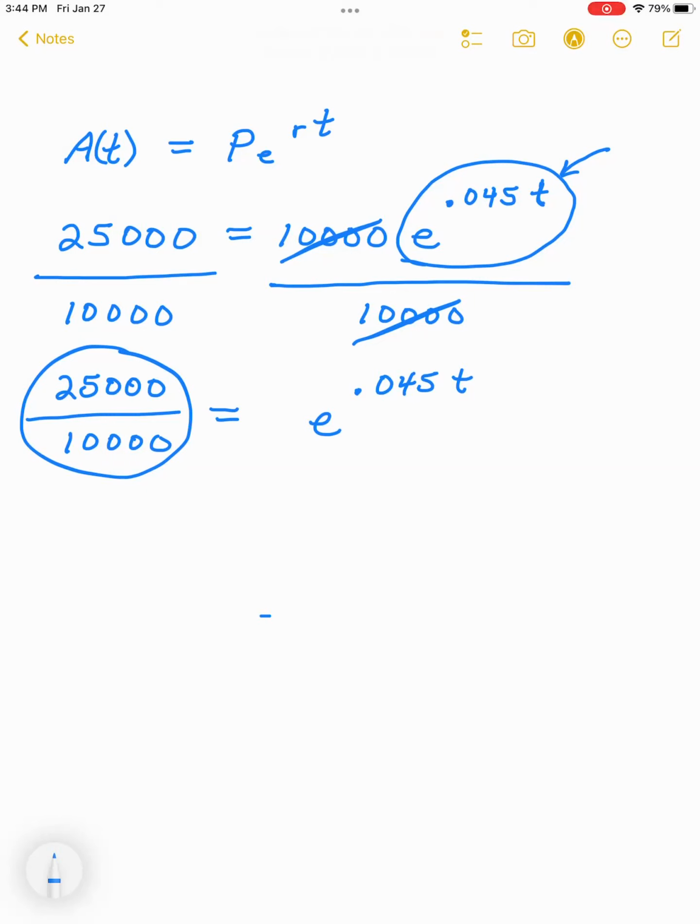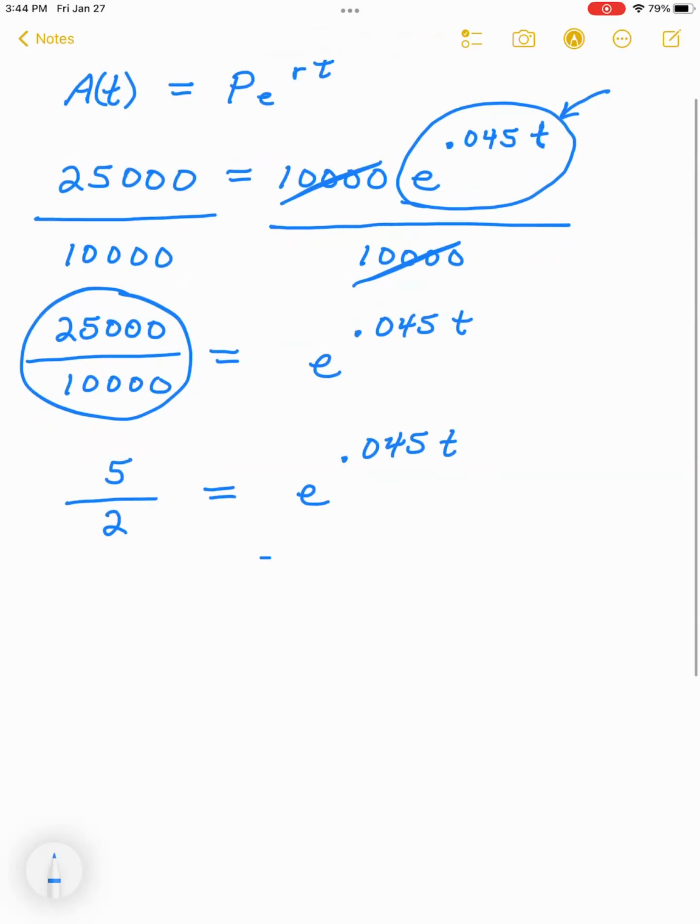Press enter a couple of times, and it will actually show you on the screen the reduced fraction. That is equivalent to 5/2. Any fractions, just go ahead and simplify those if you can, reduce them down. That just makes everything simpler.